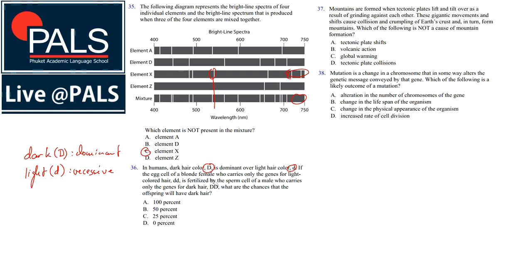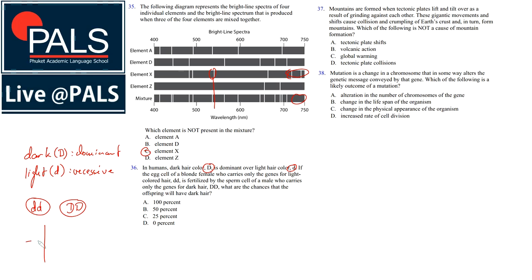If the X cell of a blonde female who carries only the genes for light colored hair is fertilized by a sperm cell of a male who carries only the genes for dark hair, so the male has only dark hair genes, what are the chances that the offspring will have dark hair?